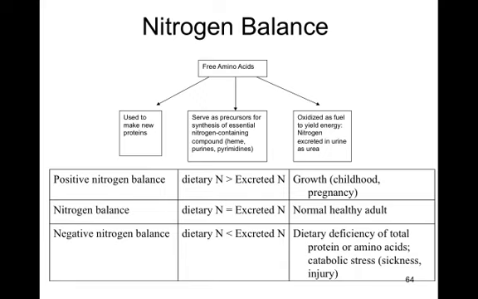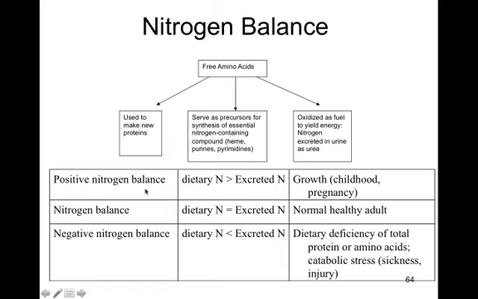Okay, so you have free amino acids which are broken down from the proteins that you consume, which can either be used to make new proteins, or be used as precursors for the synthesis of essential biomolecules like heme or purines and pyrimidines, which make up the DNA, your adenine, cytosine, thymine, and guanine, or the free amino acids can be broken down and excreted in the urine in the form of urea.